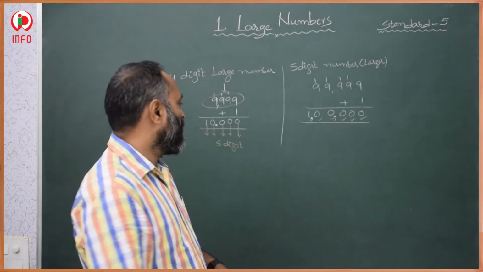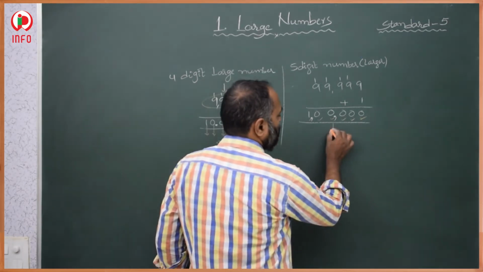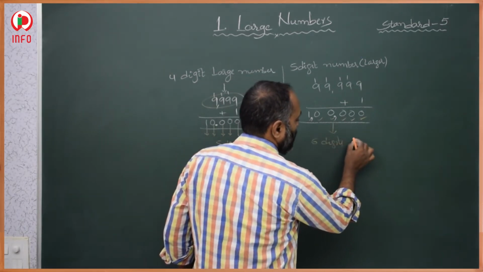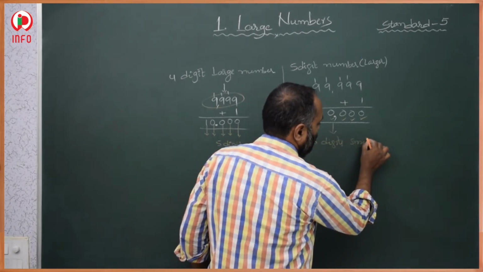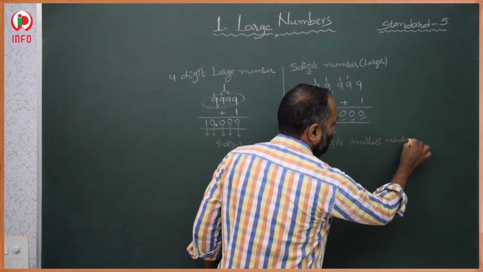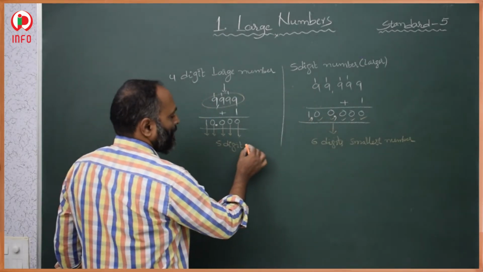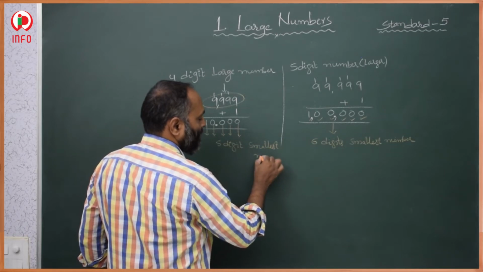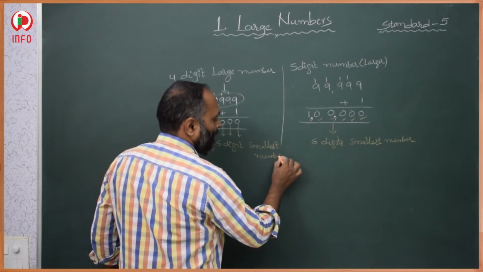This is the 6-digit smallest number, and here also the 5-digit smallest number.